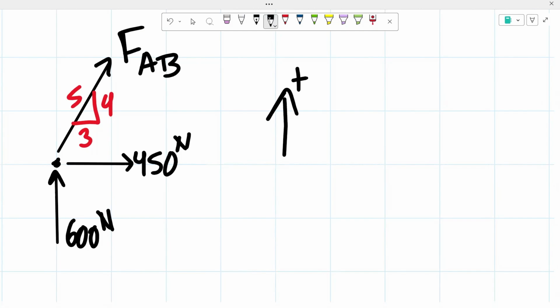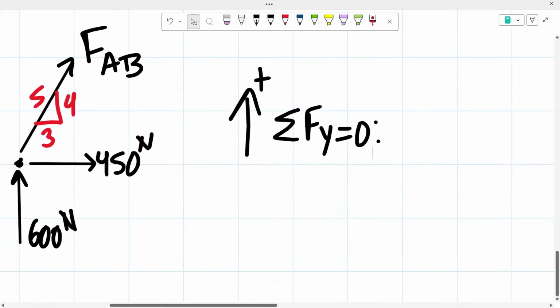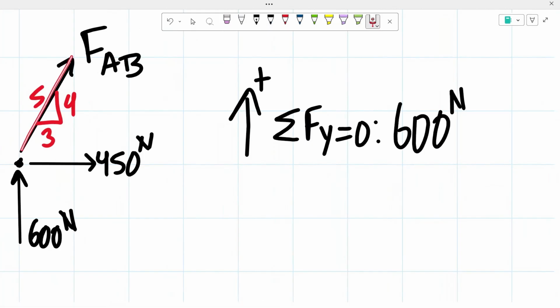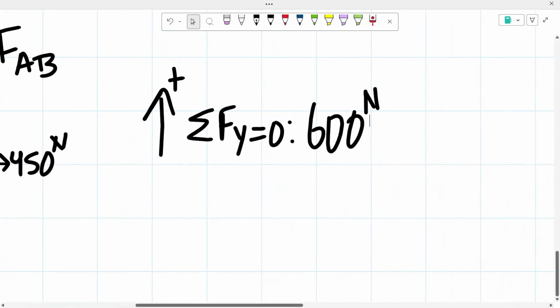So we know that the sum of our forces in the y direction have to equal 0. We have 600 newtons going upwards, so that means that they're going to be positive. From there, we could see that this bar is slanted. Since we assume that our forces, or that force in the member, is going to be in tension, we're assuming upwards, so that means positive also.